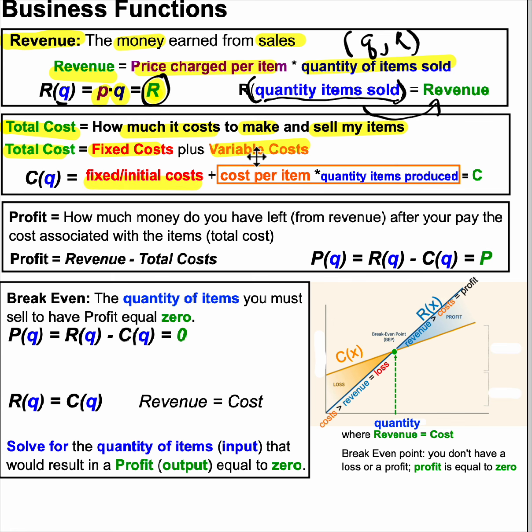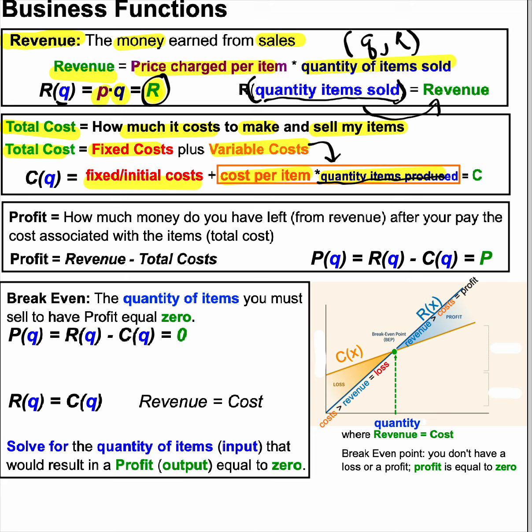And then variable costs are the costs that vary or change based upon how many items I produce. So how much does it cost per item times how many items? So this variable cost varies based upon how many items I sell. We're going to go through some examples after this, but an example would be if I make and sell cupcakes.